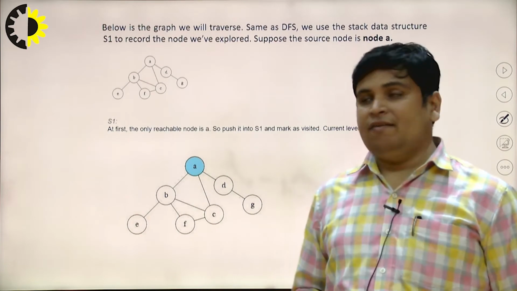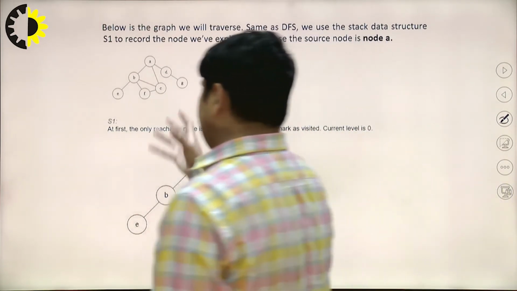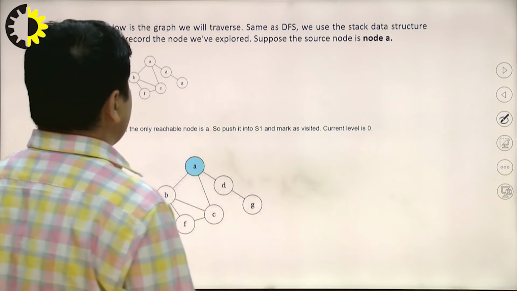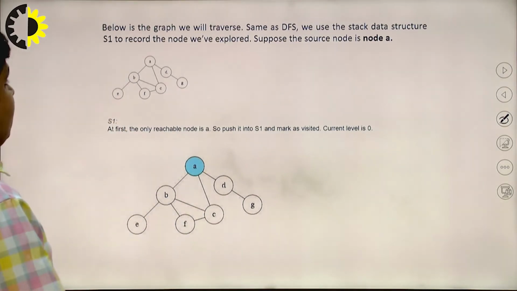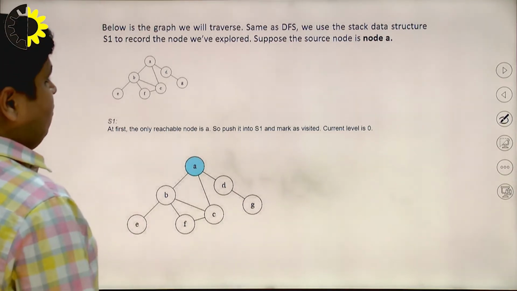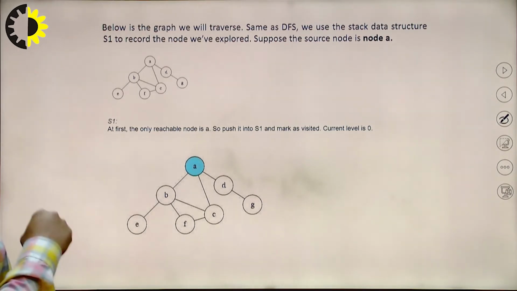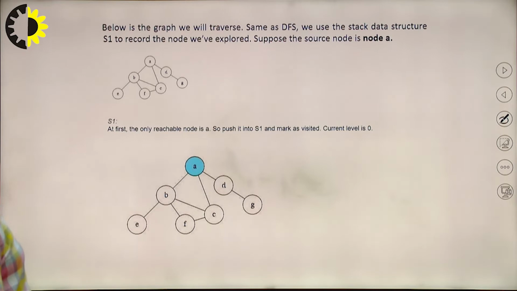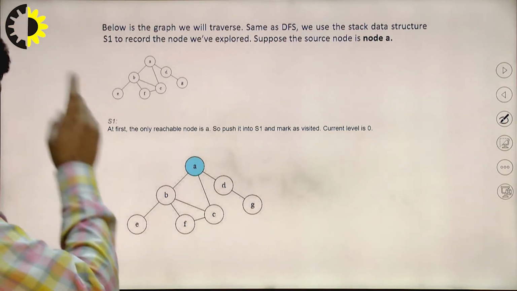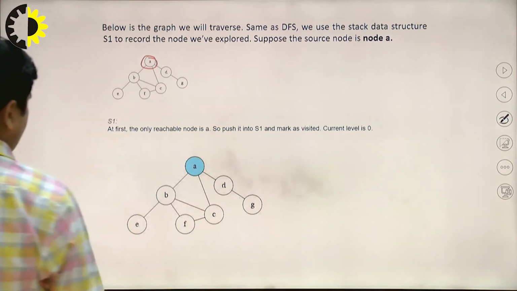We will see this inside this problem. This is our one tree. Below is the graph. We will traverse the same as DFS. We use the stack data structure S1 to record the nodes we have explored. Suppose the source node is A, and I am going to start the traversing from this end.